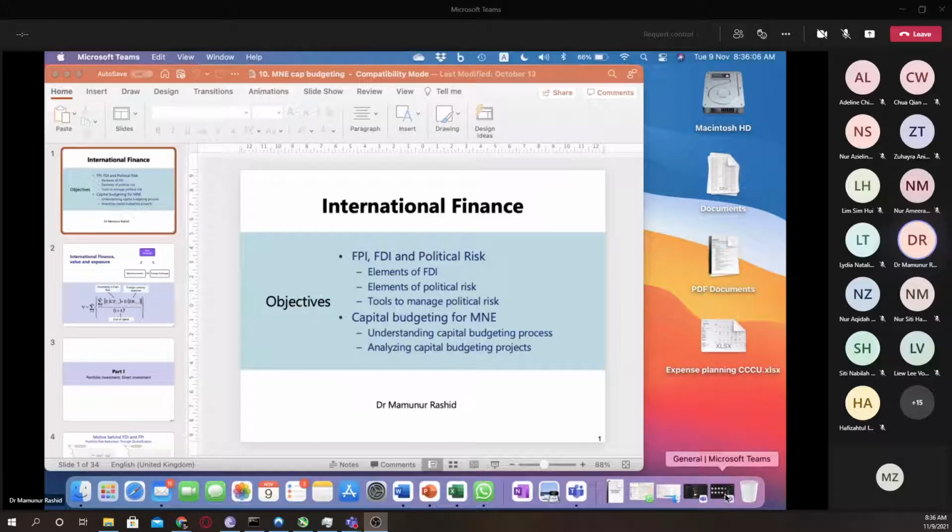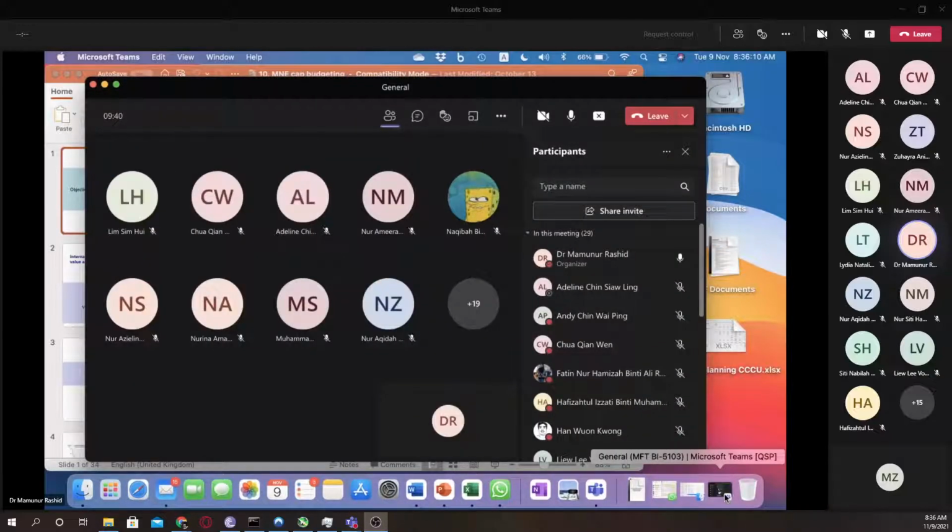Raise your hand or just thumbs up if you think that you have done capital budgeting before in financial management class. By capital budgeting, I mean that you have done NPV, IRR, net present value, internal rate of return, payback period, all these techniques.